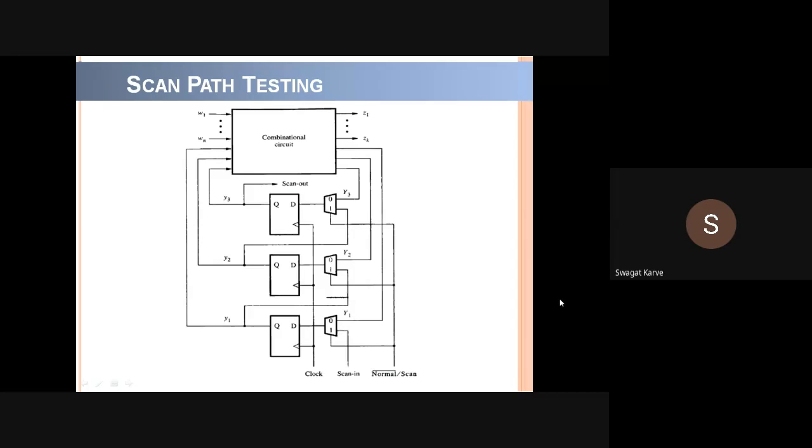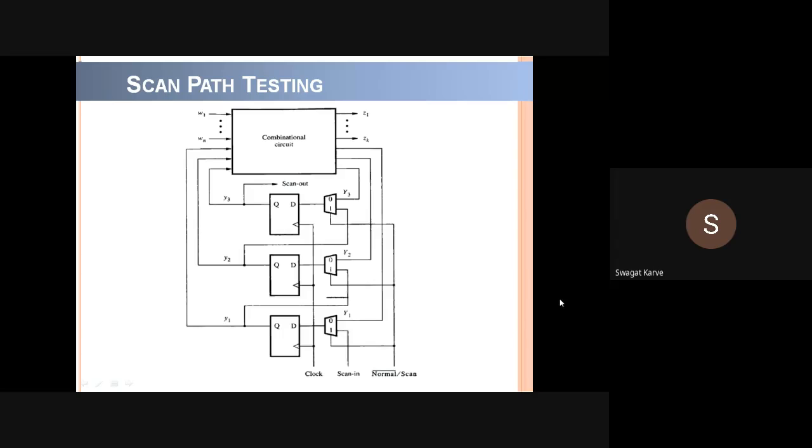Okay, so today we will start our discussion with the testing methods that are used for sequential logic design testing.